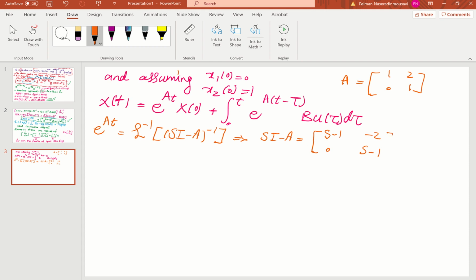So the inverse of that, (sI minus A) inverse, is the adjugate of this, which is s minus 1 on the diagonal and changing the non-diagonal elements, divided by the determinant of this matrix, which is (s minus 1) squared.